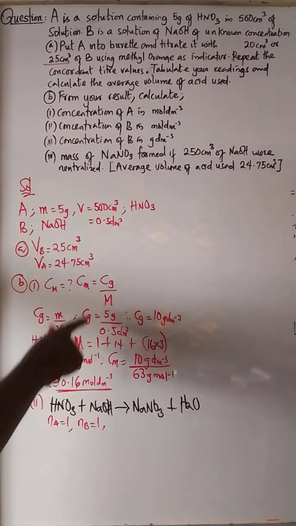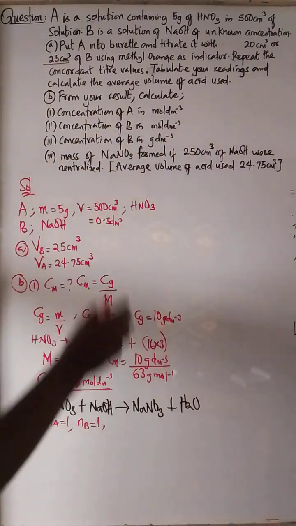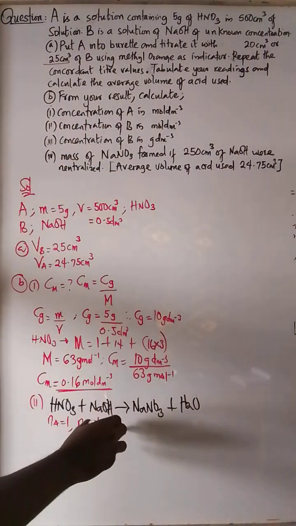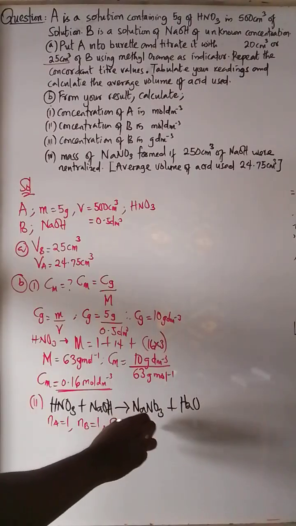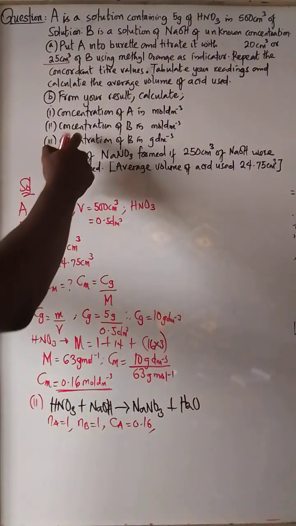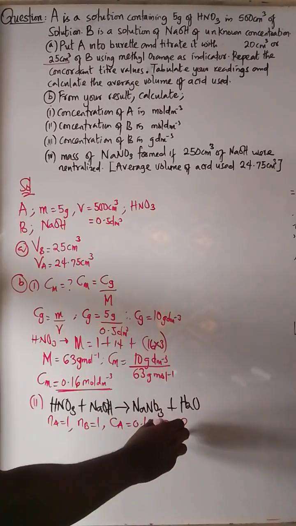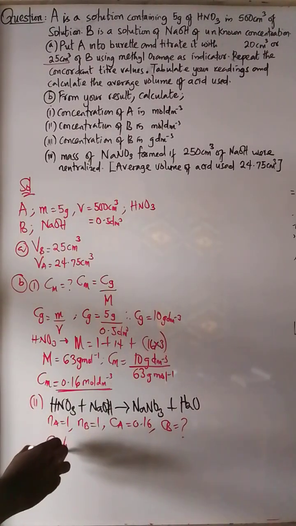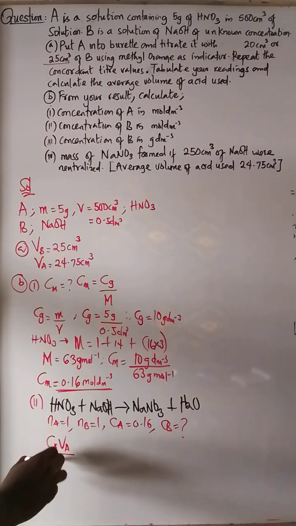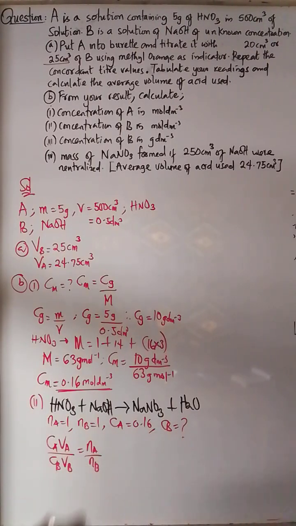And already, CA, the concentration of A, is 0.16. Then we want to get CB, the concentration of B. To get CB, recall the formula: CAVA over CBVB equals NA over NB.